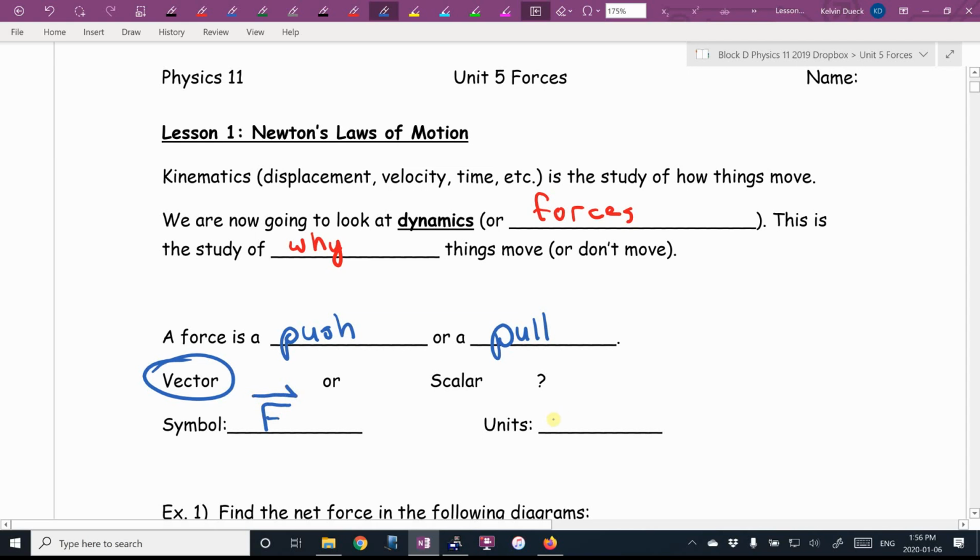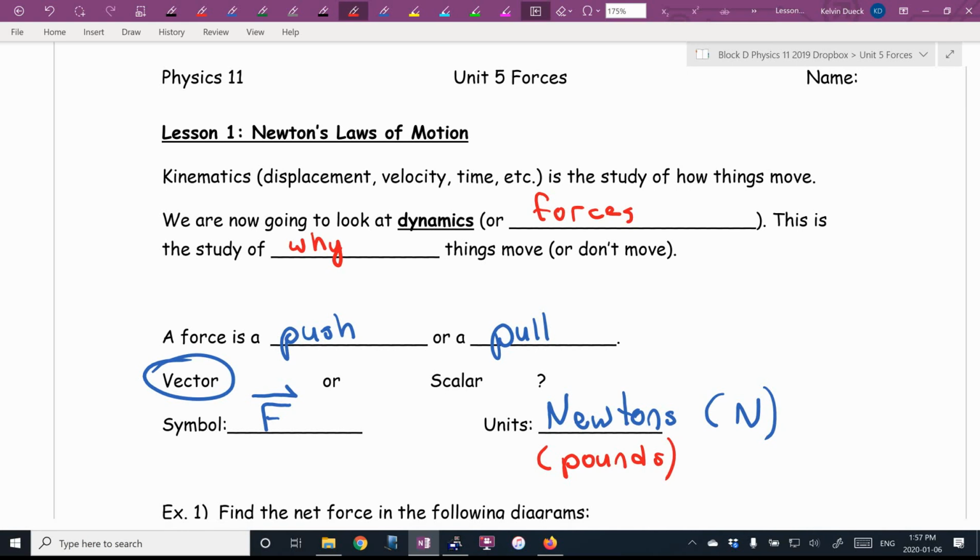What are the units? Force is measured in newtons, symbol capital N, or in the old imperial system, the correct unit for force was pounds. When you're telling somebody that your mass is so many pounds, that's actually incorrect. What you're actually telling them is the gravitational force that's acting on you. We'll talk about that later.